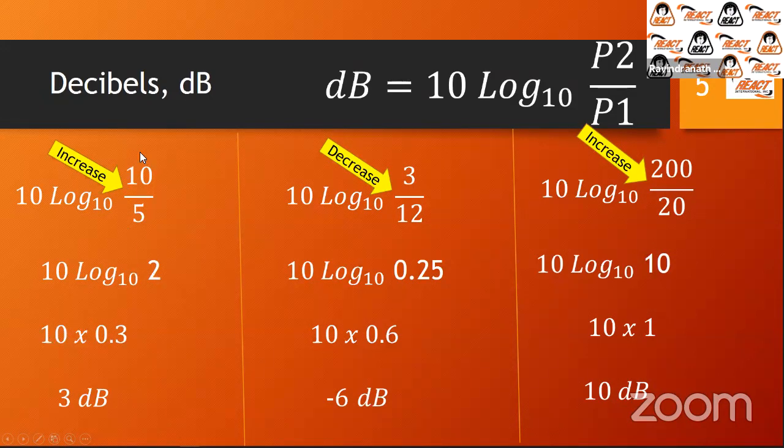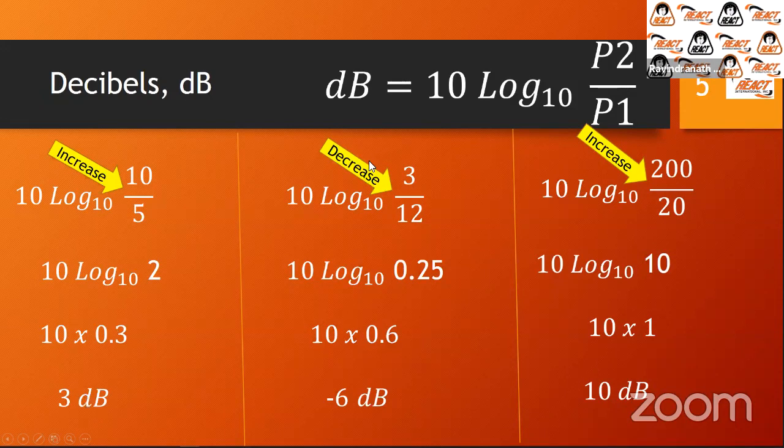We are just working on this term here. It started off as 10 over 5, then it became 2, and then we took the log of 2 and we ended up with 0.3. Notice the 10 is continuing to be carried. So we end up with 10 multiplied by 0.3, which is 3 dB. And it's a power increase, so therefore it's positive.